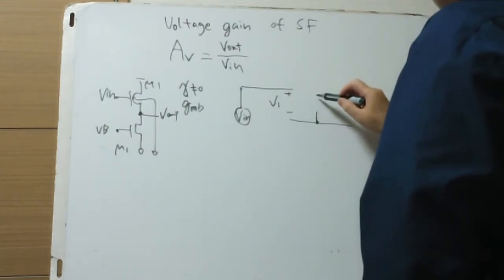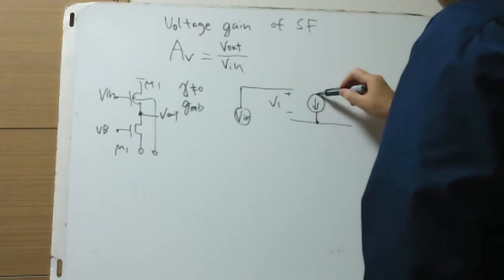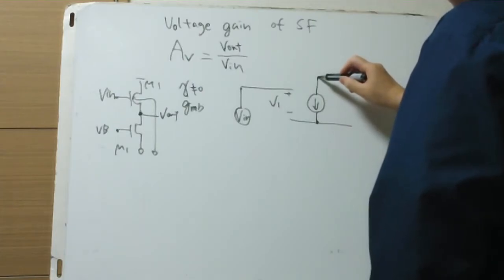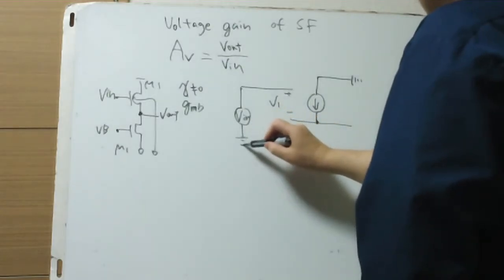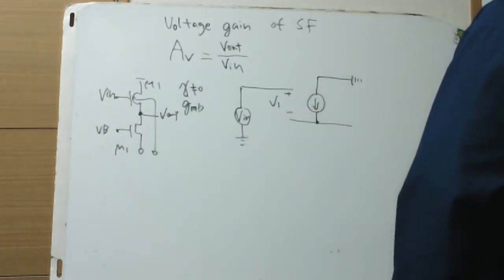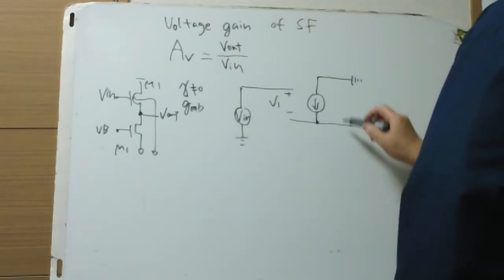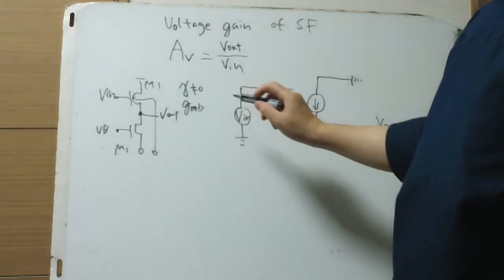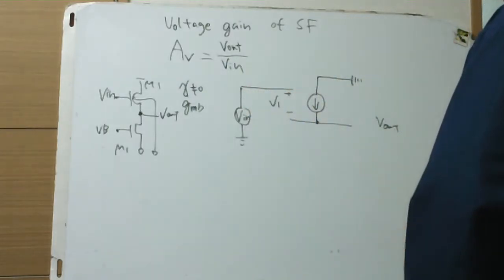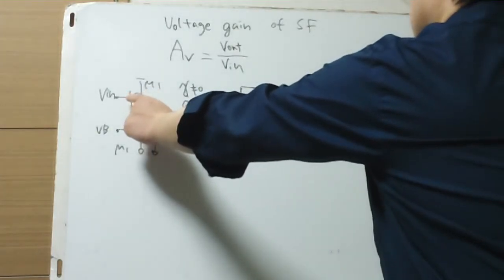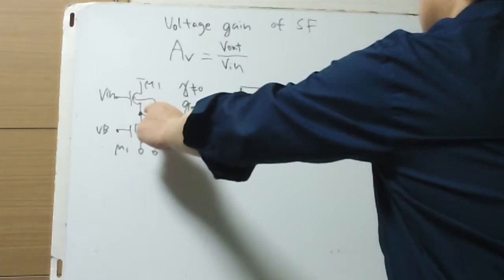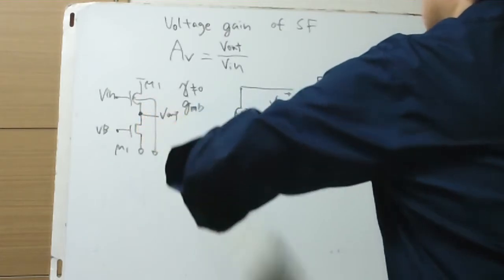This is a voltage controlled current source, and AC VDD equals AC ground, and this is V out, and there GMB V1 exists, but GMB V1 equals GMB times VBS.